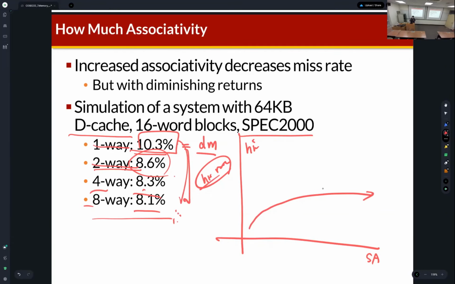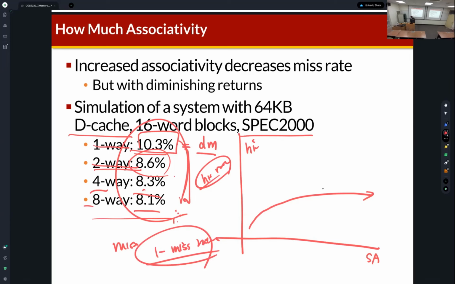This example shows the miss rate, but you know the hit rate is 1 minus the miss rate, right? So even though we increase the set associativity of the cache, the hit rate is saturated. Which means we don't need to use the expensive fully associative cache because the hit rate will be saturated. That's why we do not use the fully associative cache in the CPU.